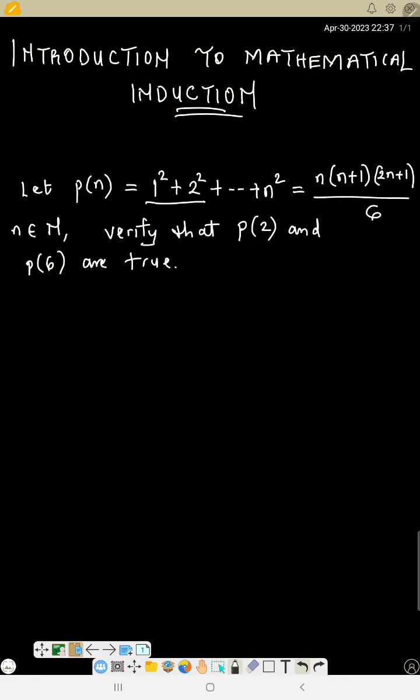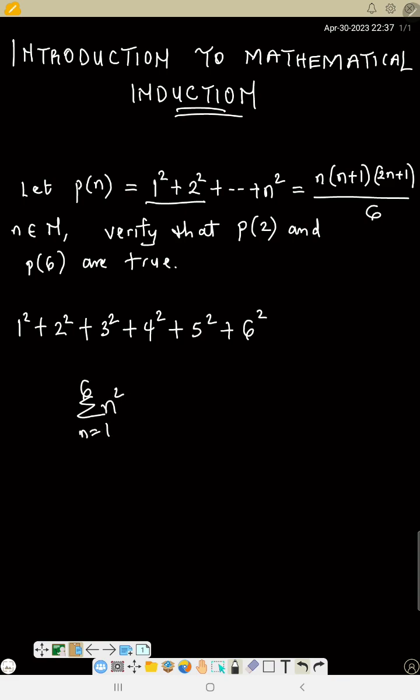So for P6, it means 1 square plus 2 square plus 3 square plus 4 square plus 5 square plus 6 square. So that is the summation of n square from n is 1 to 6.